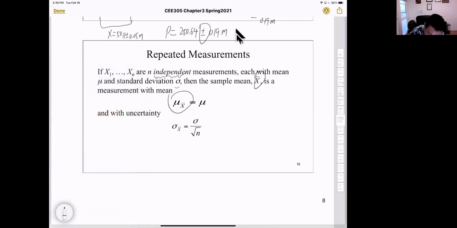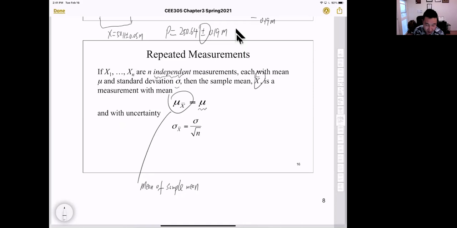So the mean value of the sample mean does not change. The mean value of the sample mean is equal to the mean value mu, the mean value of each single measurement.